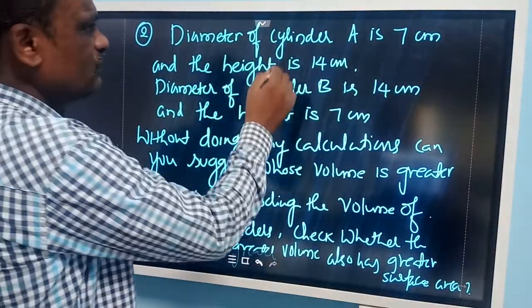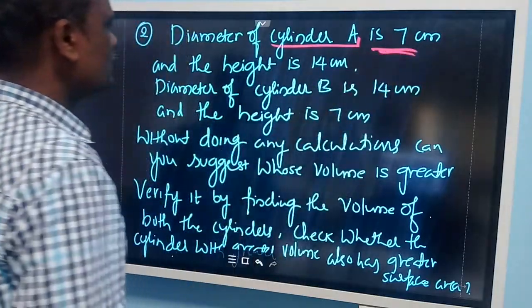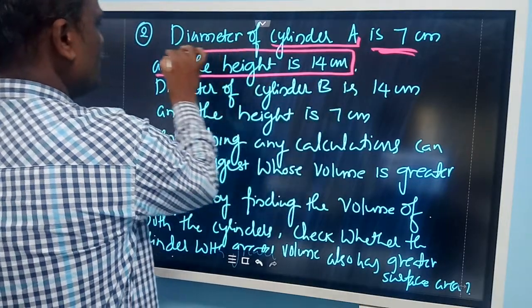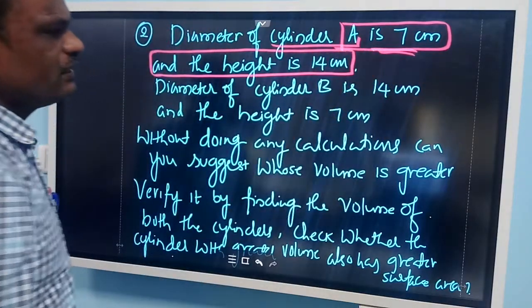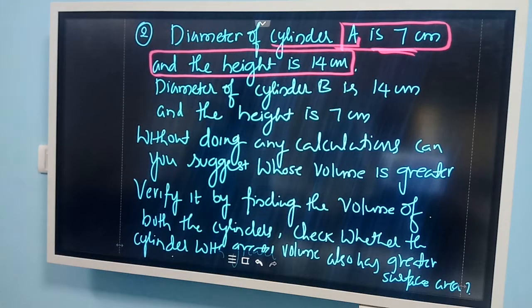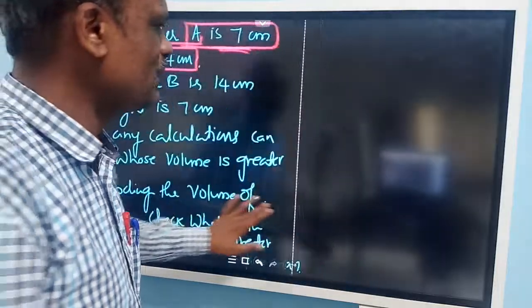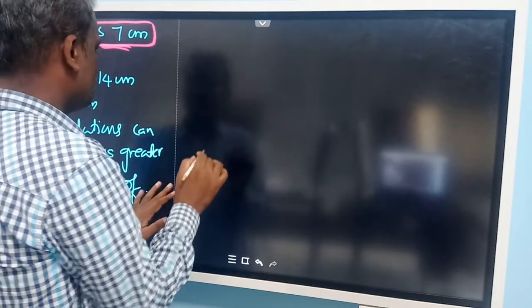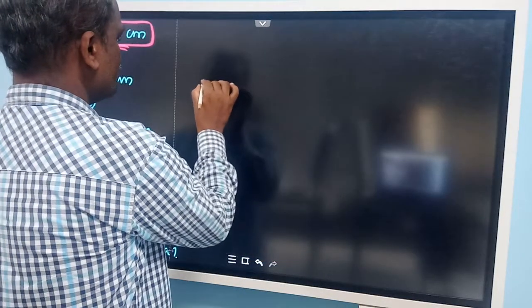The diameter of cylinder A is 7 centimeter and the height is 14 centimeter. Read the question carefully. Cylinder A has 7 centimeter diameter and height is 14 centimeter. Let me draw a diagram here to explain this.